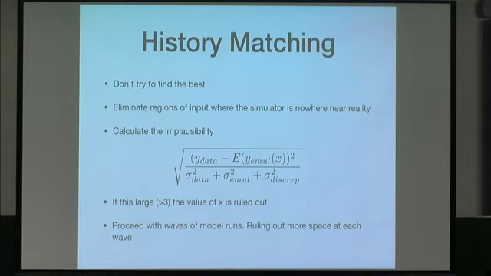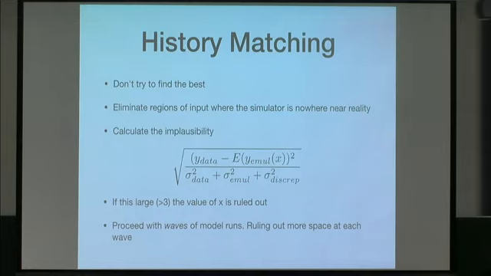And we proceed to do this in waves, so we do this once, then we compress down to the region, sometimes called the not ruled out yet region, and we then rebuild our emulator inside that region with some more model runs. This gets smaller because we've got a much better emulator.